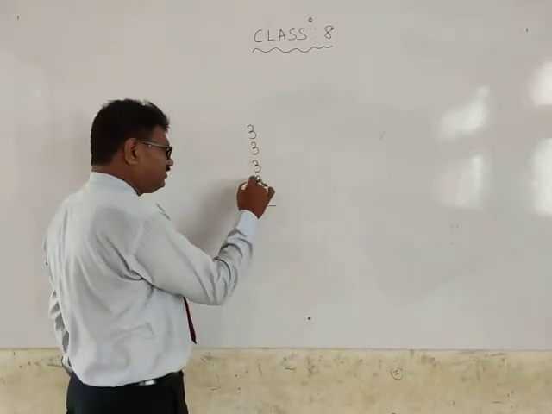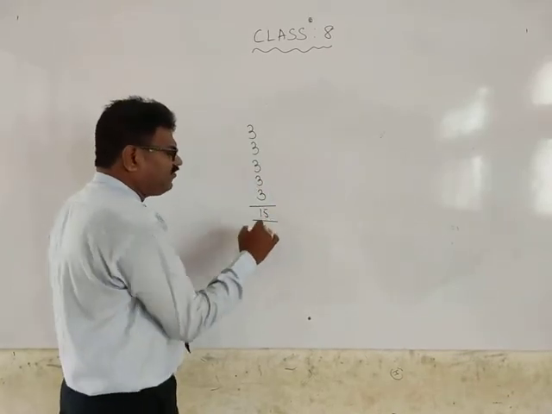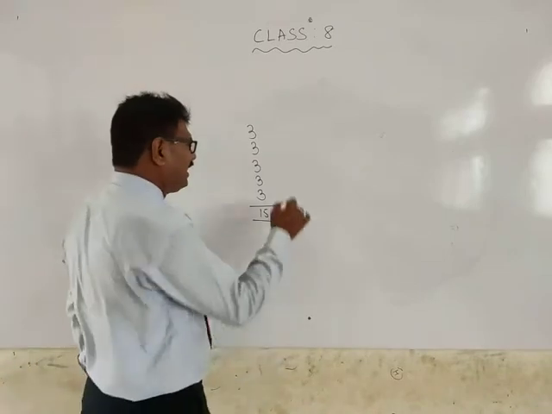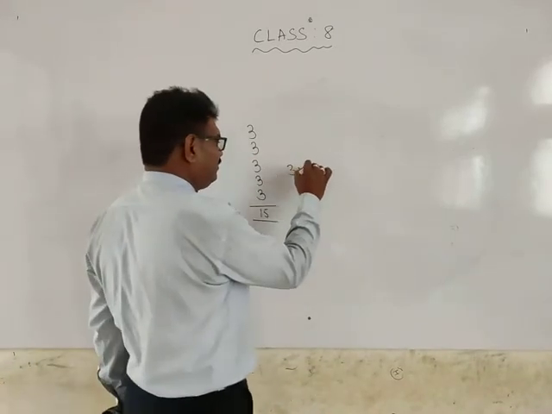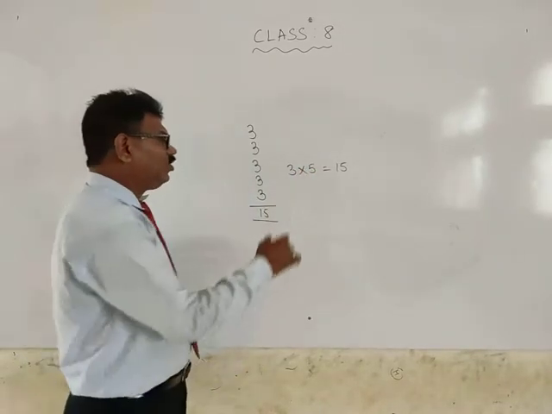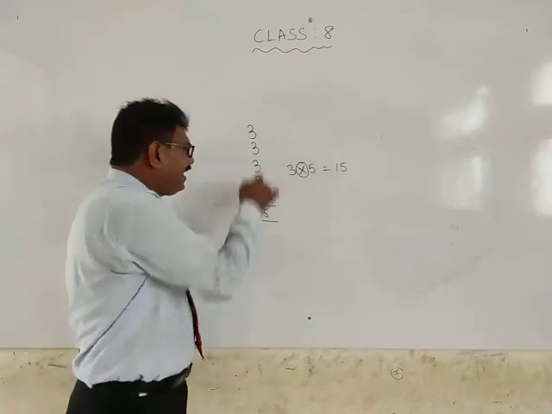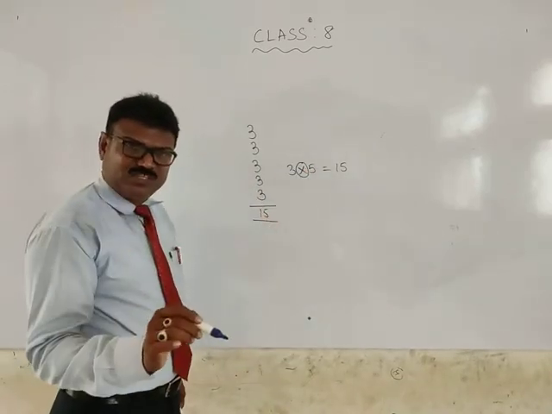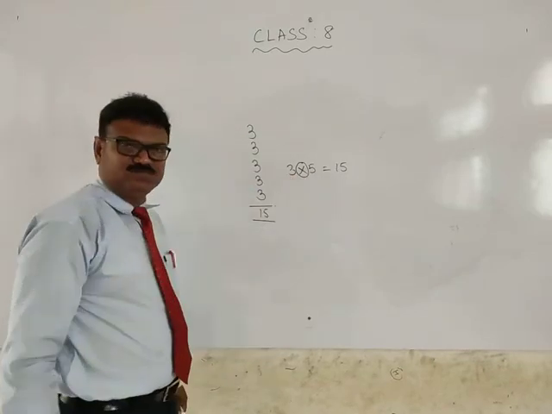So it will be 3 plus 3, 6, 9, 12, 15. Instead of adding like this, you can go like this. 3, how many times is it there? 5. 3 5 is how much? 15. That's what I told. Multiplication is nothing but repeated addition. Did you understand now? This is the long method, but this is the short method.